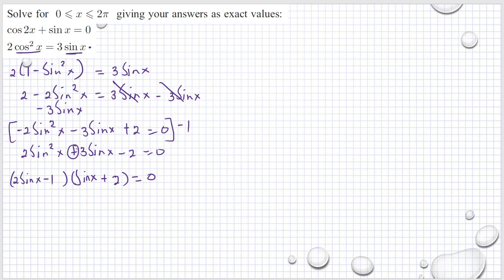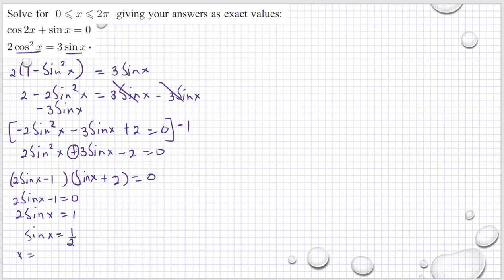So for the first one, we have 2 sine x minus 1 is equal to 0. And then 2 sine x is equal to 1, adding to both sides of the equation. And now we divide both sides of the equation by 2, and we have 1/2.